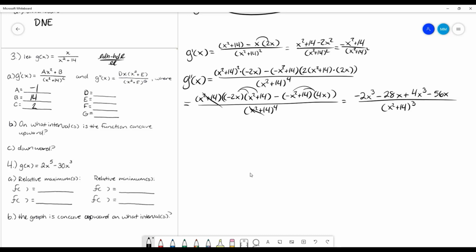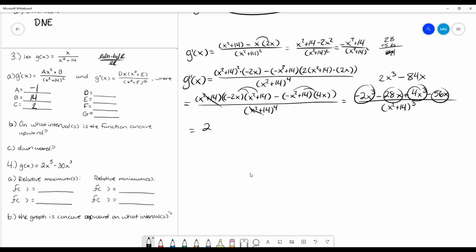And now combine like terms, so it turns into a 2x cubed minus, what is 28 plus 56? It's 84. Oops. Minus 84x. I can factor out an x. Do we do that? I do. I can factor out a 2x.